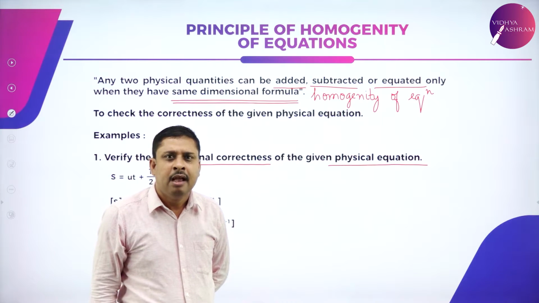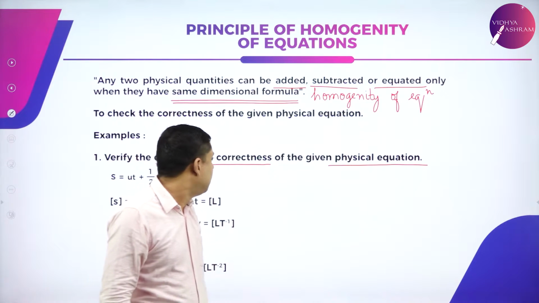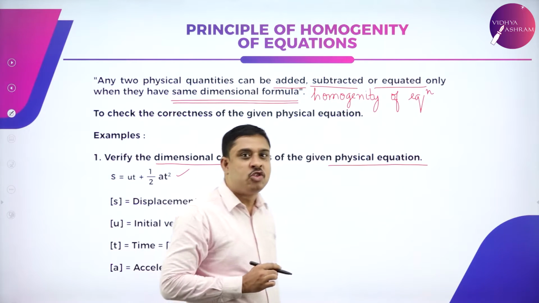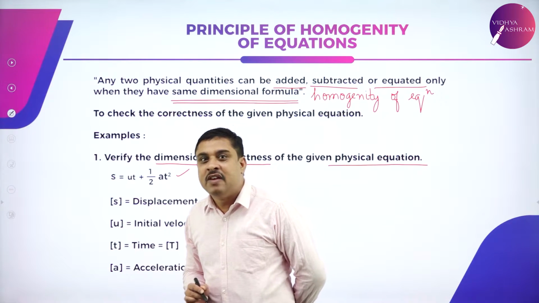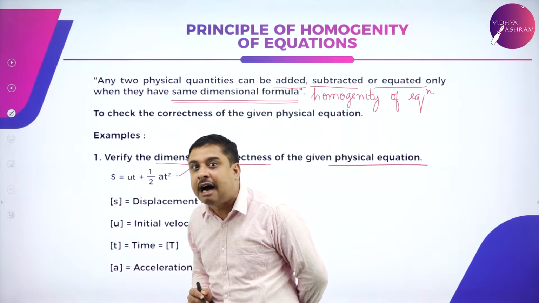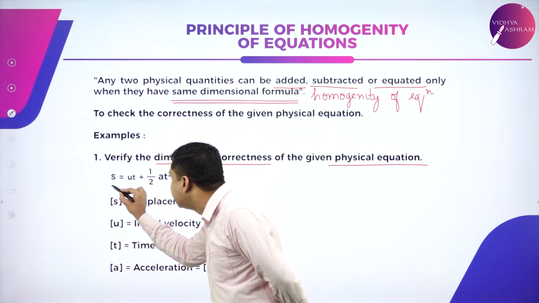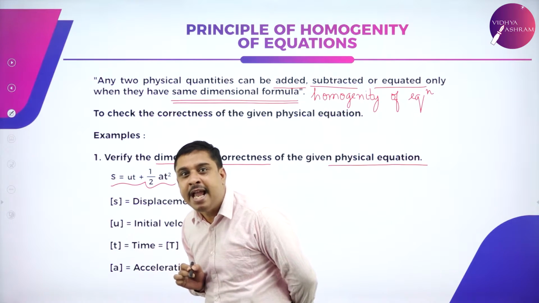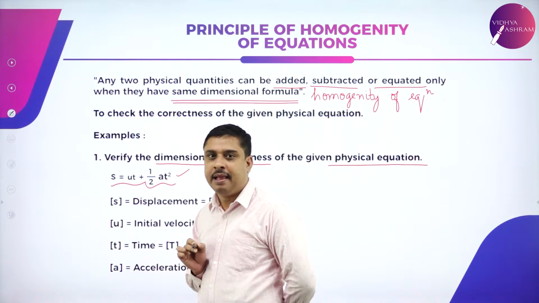Now, under the core idea of this principle, we will check the dimensional correctness. We will verify the correctness of the equation. Yes, S equals ut plus half at square.